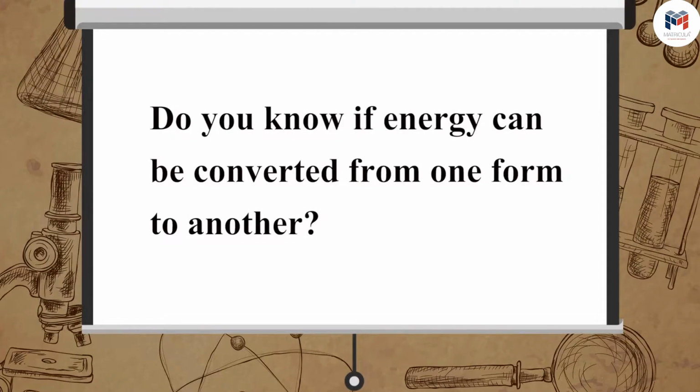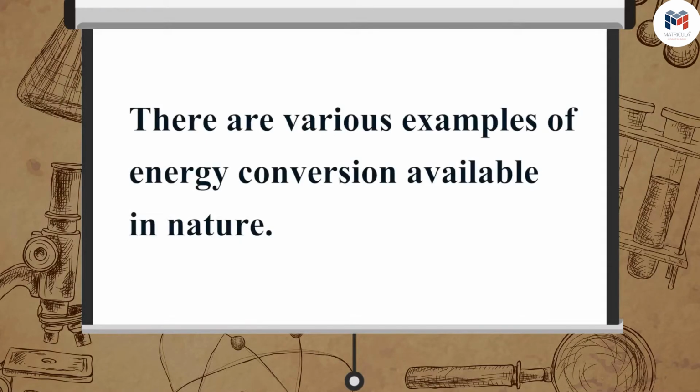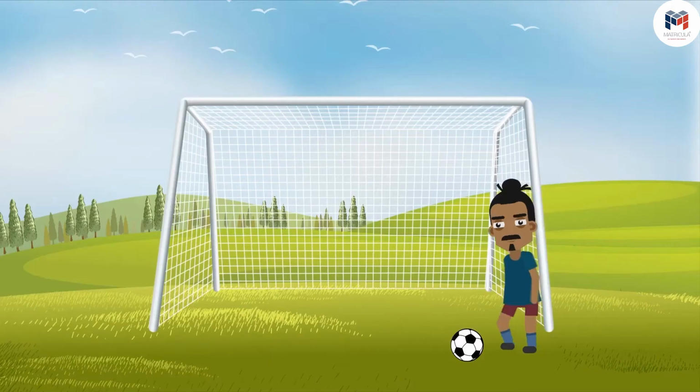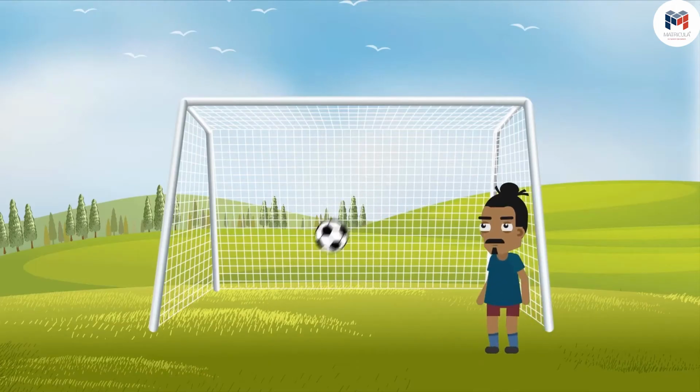Now, do you know if energy can be converted from one form to another? There are various examples of energy conversion available in nature, like the water cycle or the process of photosynthesis, using which plants prepare food. Now, let us have a look at some examples of human activities that involve energy conversion.